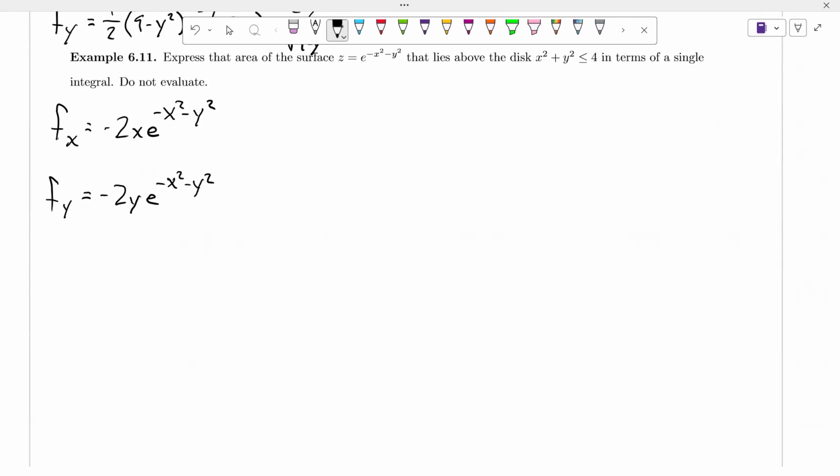Take my two derivatives, which is all I need to plug into that formula.